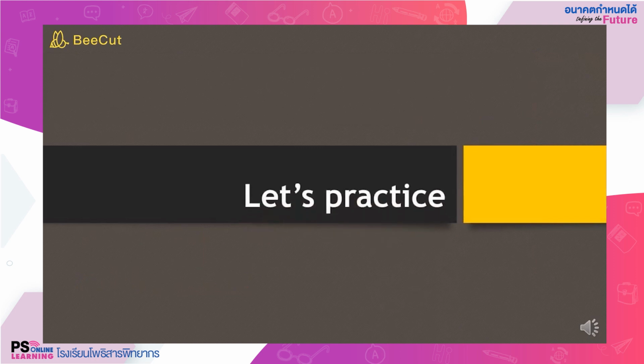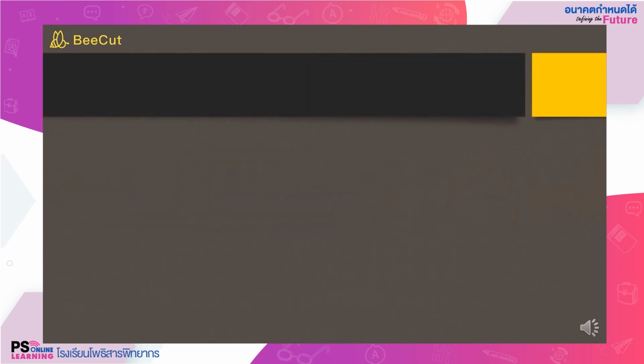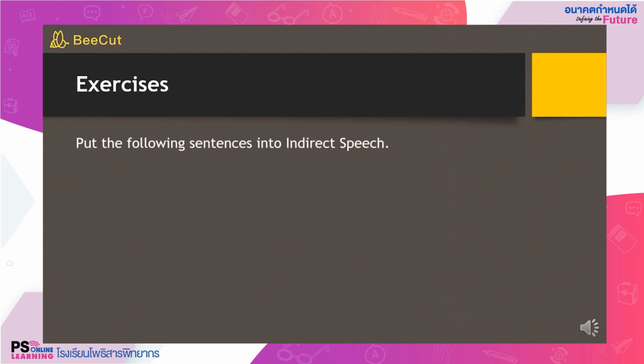Let's practice. Exercises. Put the following sentences into indirect or reported speech form. For example, he said, "I haven't found my book yet." How do you change it to reported speech?